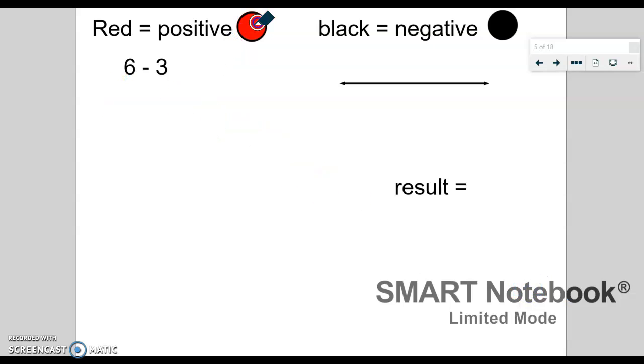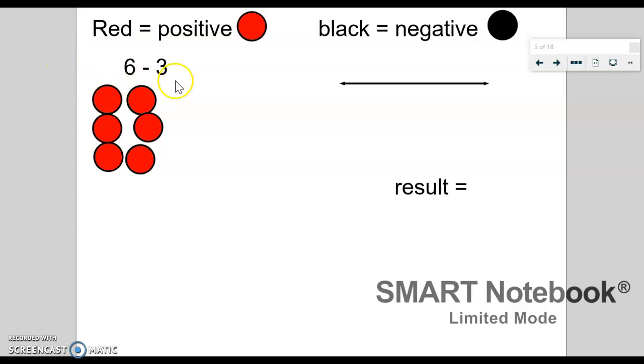Alright, so I need 6 chips. 1, 2, 3, 4, 5, 6. And then I look at the 3, and there's that negative sign to the left of 3, so I need 3 negatives. So 1, 2, 3.